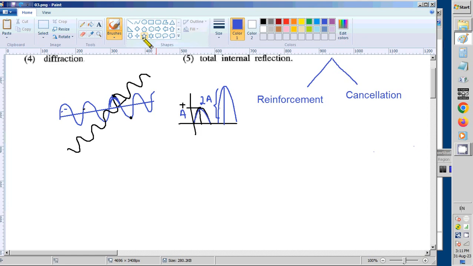Reinforcement can happen like this also.